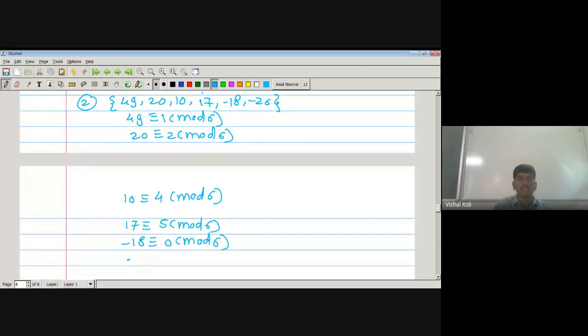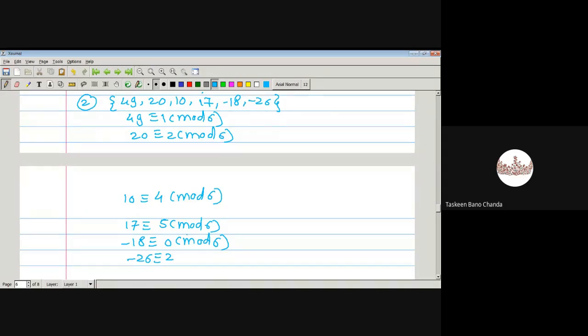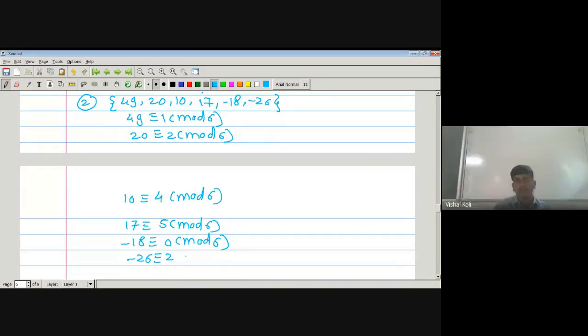What about minus 26? Minus 26 is congruent to 2 modulo 6? Whether 6 divides minus 28. No, sir.